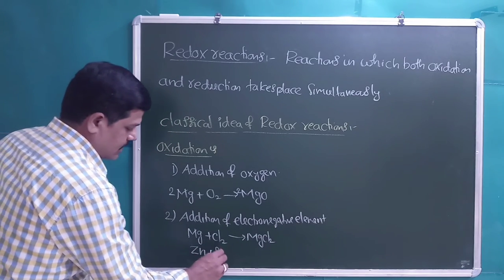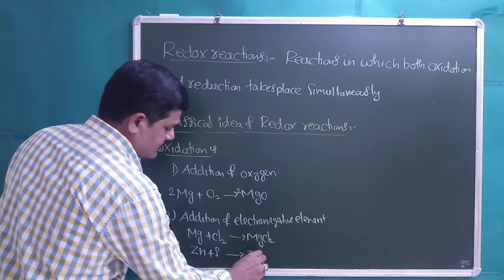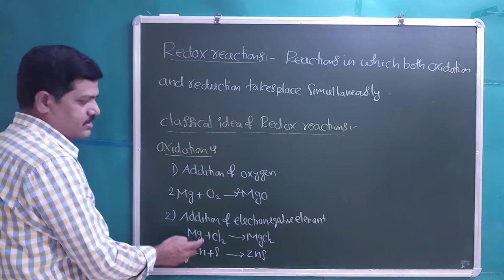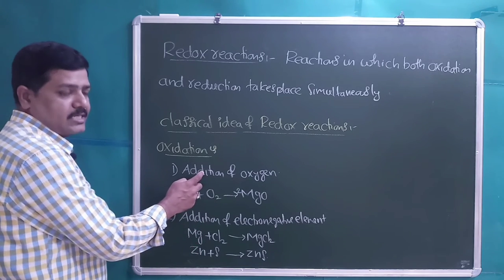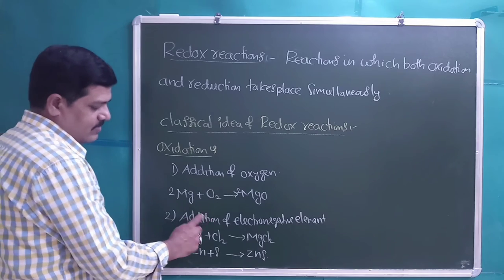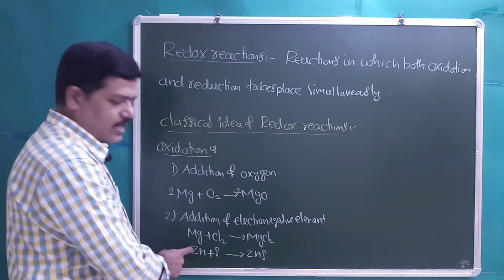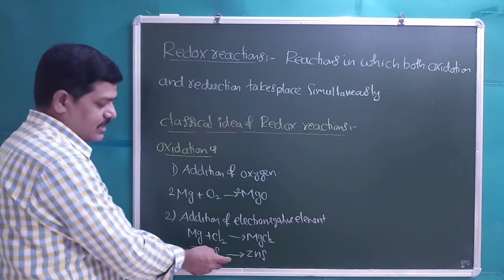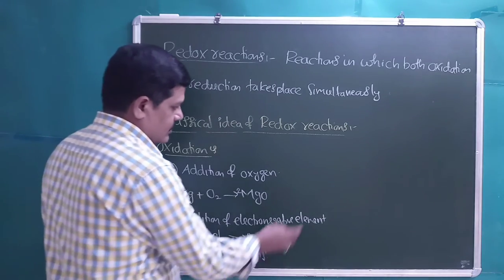Zinc plus sulfur gives rise to zinc sulfide. Addition of electronegative element is called oxidation. Addition of oxygen, or it may be addition of electronegative element. Mg plus Cl2 gives MgCl2, Zn plus S gives rise to ZnS.